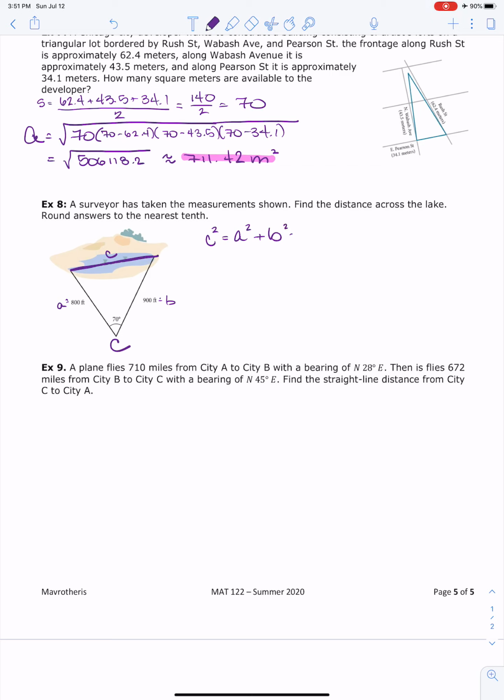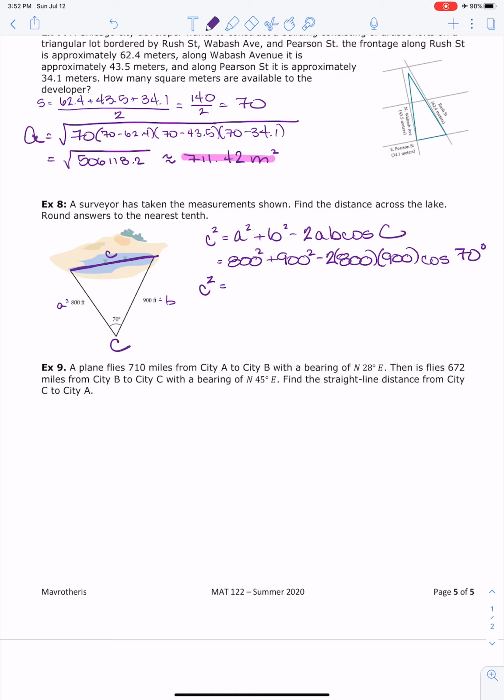We've got C squared equals A squared plus B squared minus 2AB times the cosine of C. So 800 squared plus 900 squared minus 2, A is still 800, B is still 900, cosine of 70 degrees.